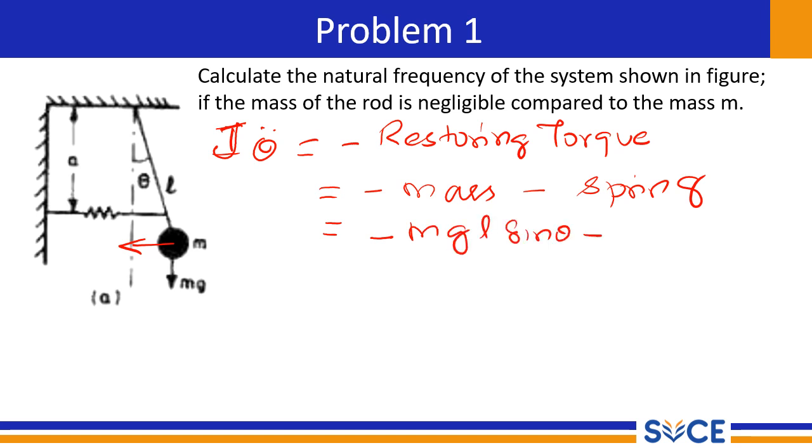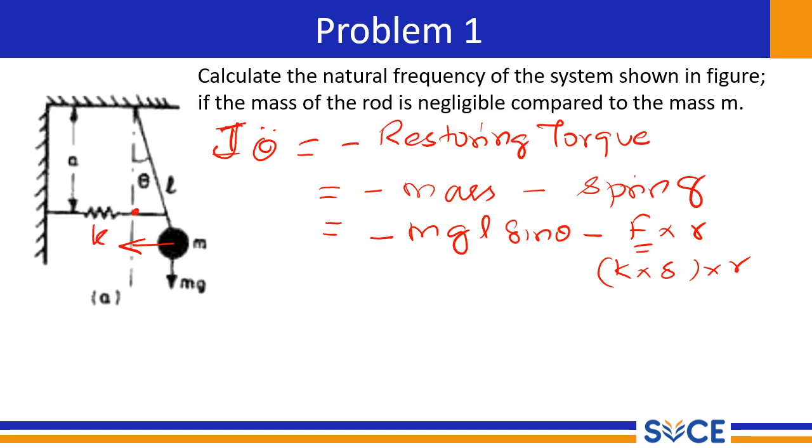Similarly, for the spring, we have to look into it. The spring torque is once again force into radius. This force is in the form of stiffness into the deflection, then into the radius. So here the spring has the stiffness K into deflection.